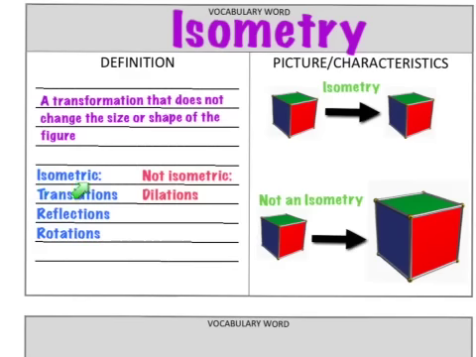So that's why you call these 3 transformations isometries. They're isometric. A dilation takes an object or figure and enlarges or reduces it. So it does change the shape, changes the size. So it's not isometric. It's not an isometry. So dilations are not isometries.